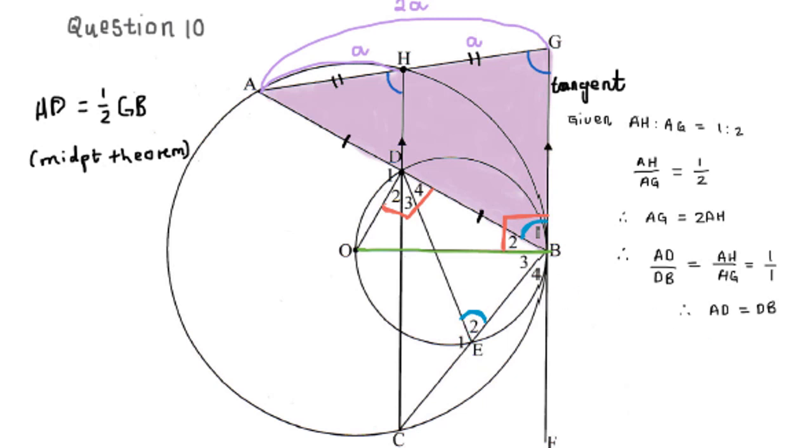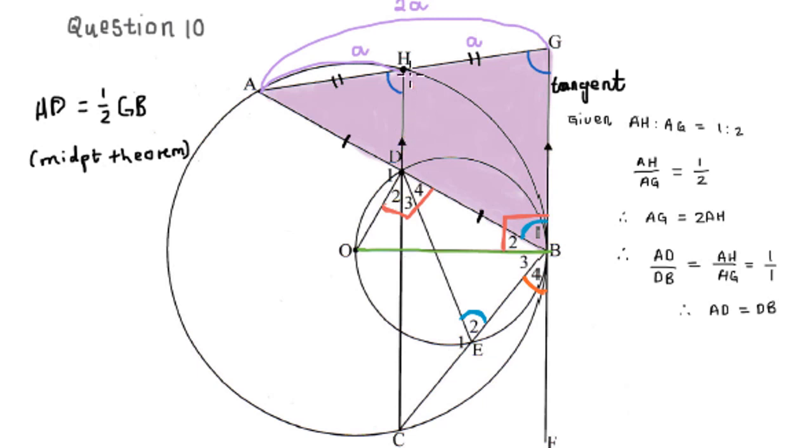What else do we have? On the other side, if we look at angle B4, it is connecting with the chord BC of the larger circle. What is BC subtending at the circumference?